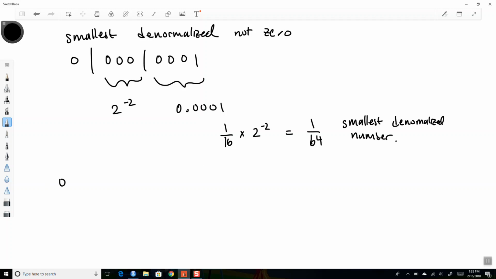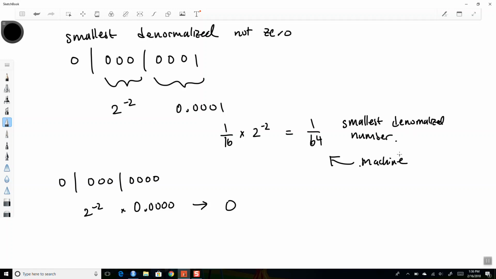And then 0 would just be 0, 0, 0, 0, 0, 0, 0, 0, and this would be 2 to the negative 2 times 0.0000, and that just becomes 0. This smallest denormalized number is known as machine x-min.